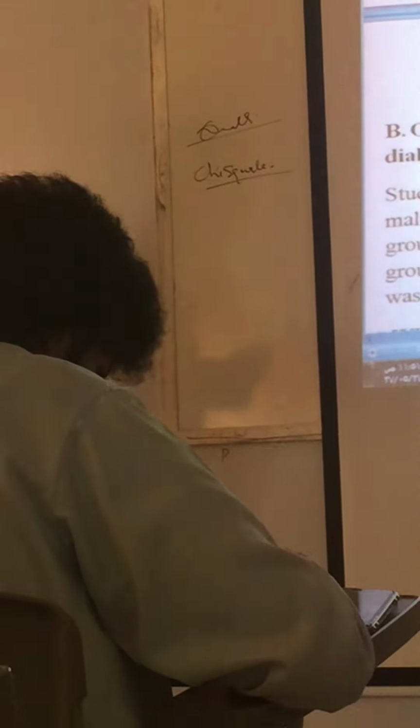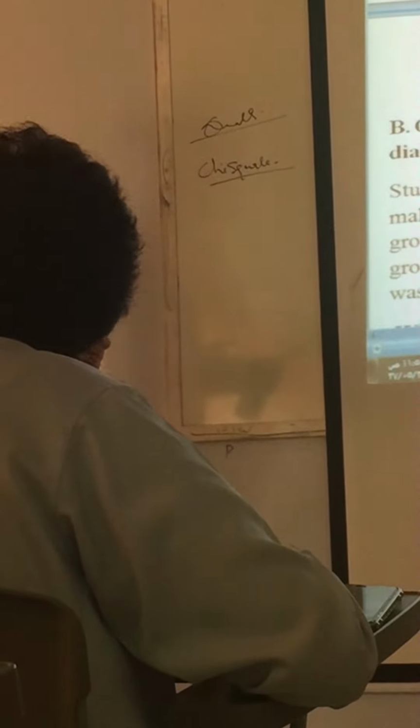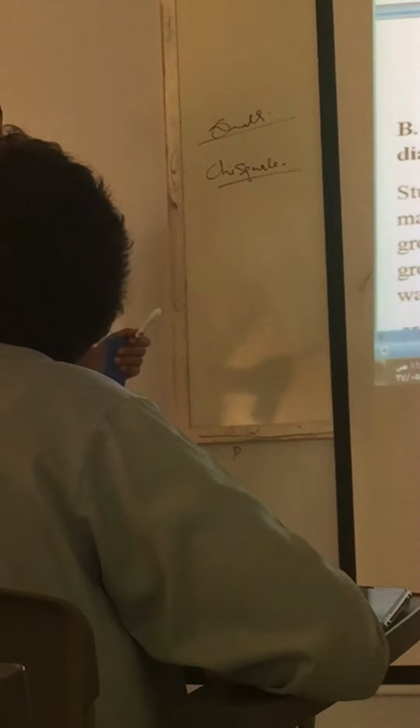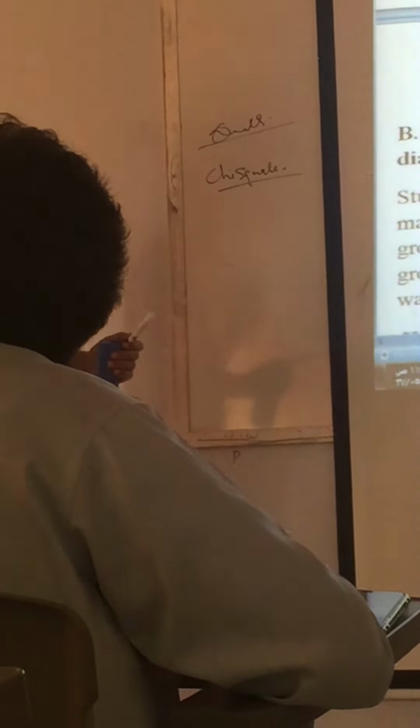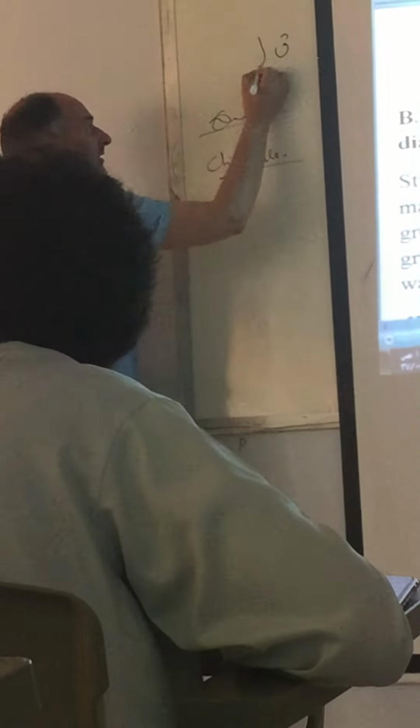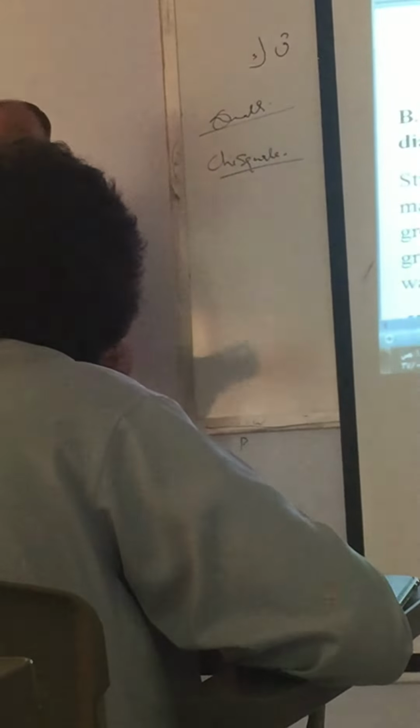C-H-I, chi. It is chi, but you call it chi-square. In Arabic, you have qaf and the small qaf. Is there a small one in the letters? There is no small one, just one qaf.